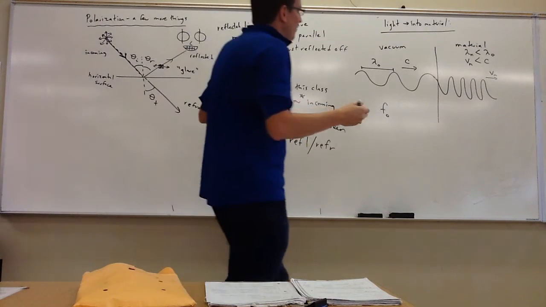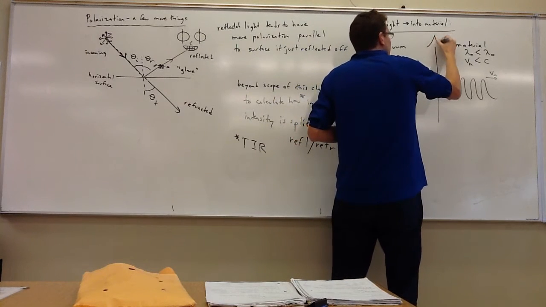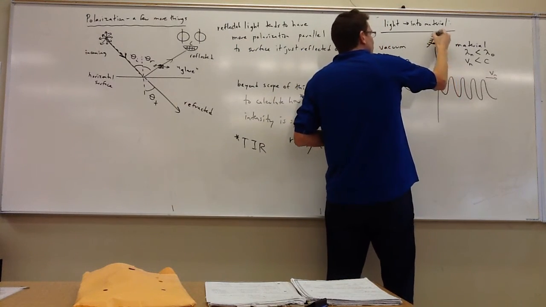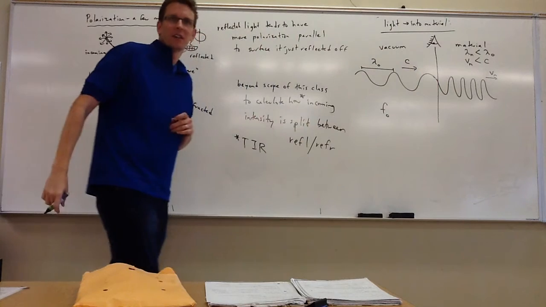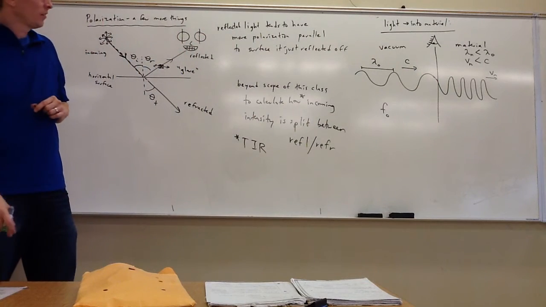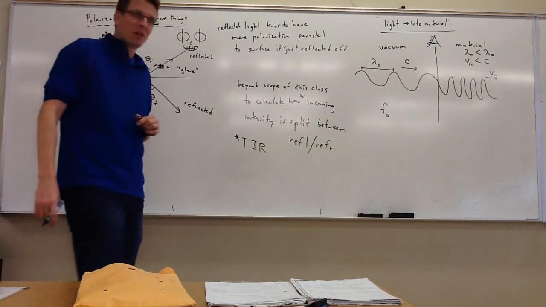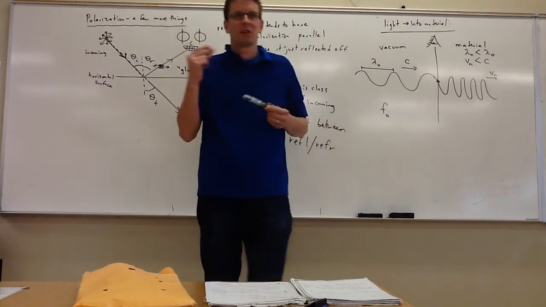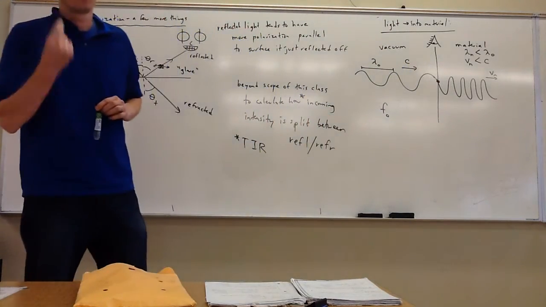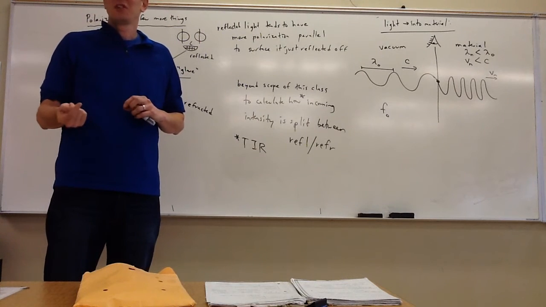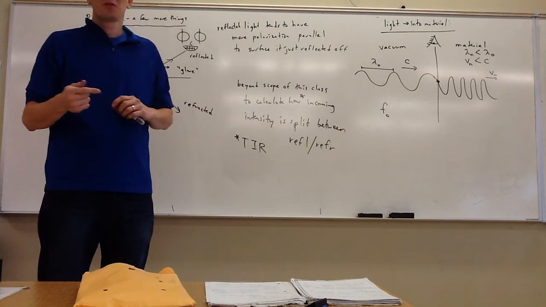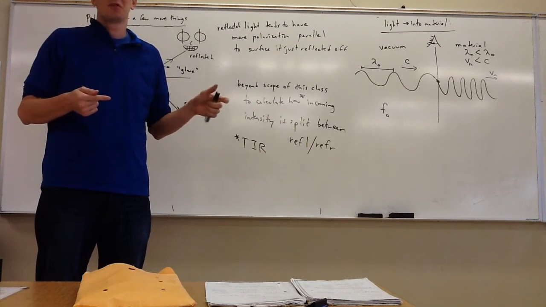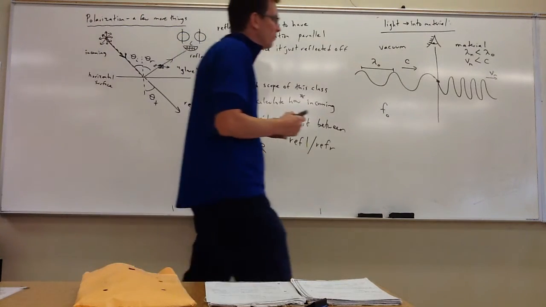However, if I were sitting on the borderline between these two surfaces, so there's my physics eyeball in the sky, imagine it totally right at the interface between the vacuum and the material. If I were counting frequency, crest, crest, crest, crest, the rate at which they arrived from the vacuum is, of course, exactly the rate at which they enter the material. So the frequency is actually the same.